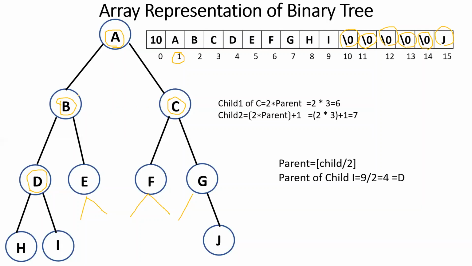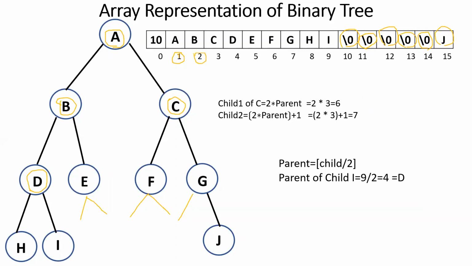So B is the left child. To get the index number where the left child is stored is 2 into the index of the parent. What is the index of the parent? Index of the parent is 1, so the index of the first child will be 2 into 1, that is index 2.